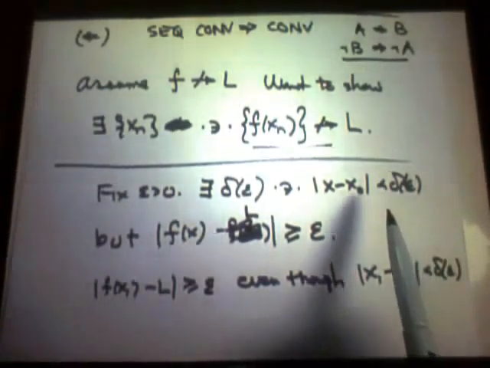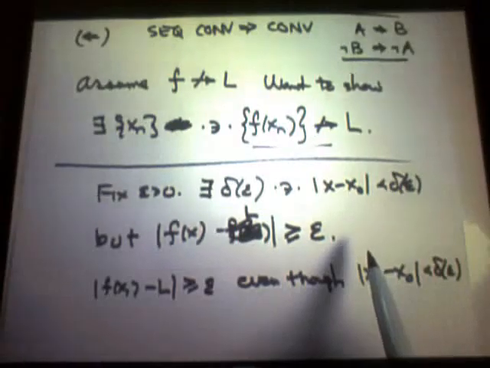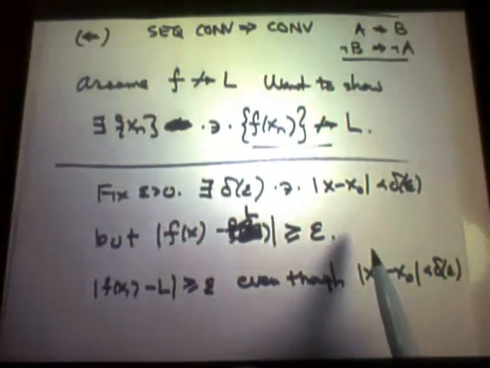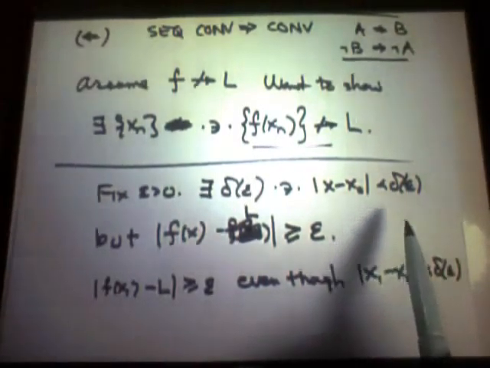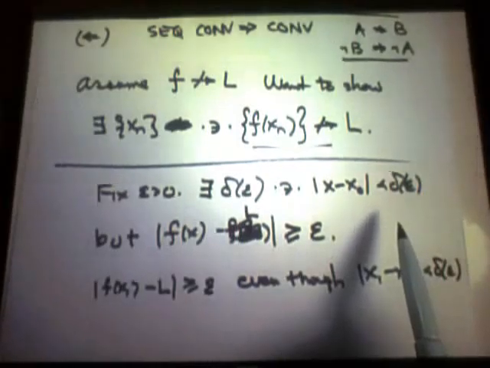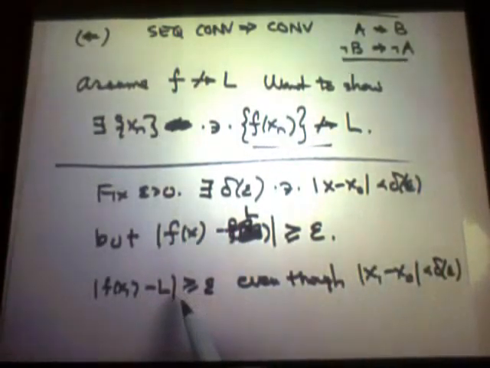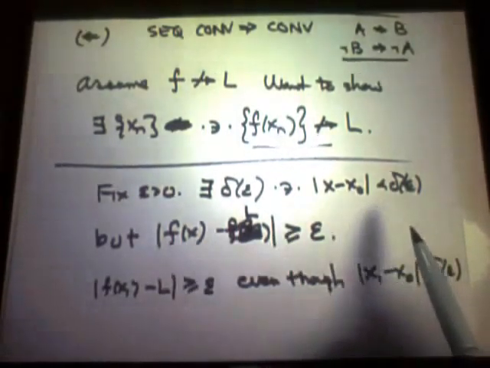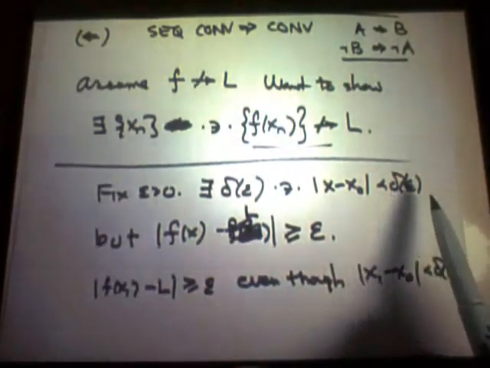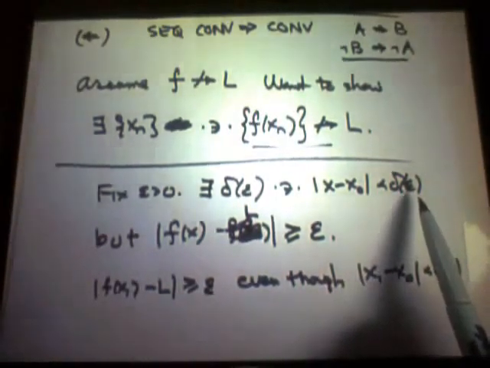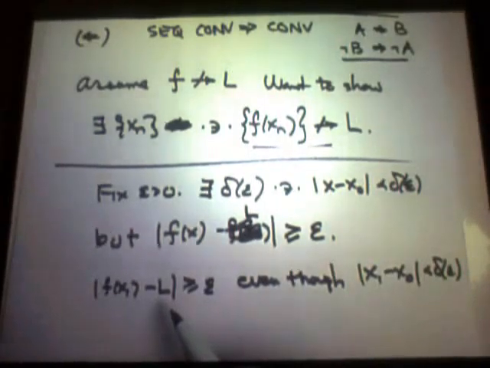Now I would like to go back and find an x2 that is half of delta away at most, but still this condition holds. Then I'd like to find an x3 that's a third of delta away, but this condition still holds.